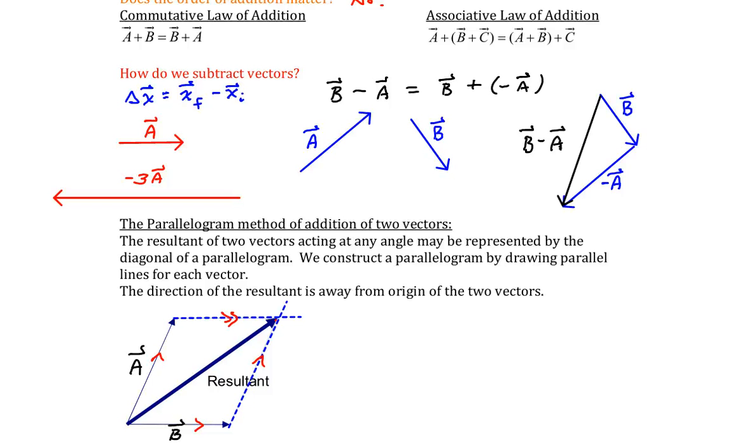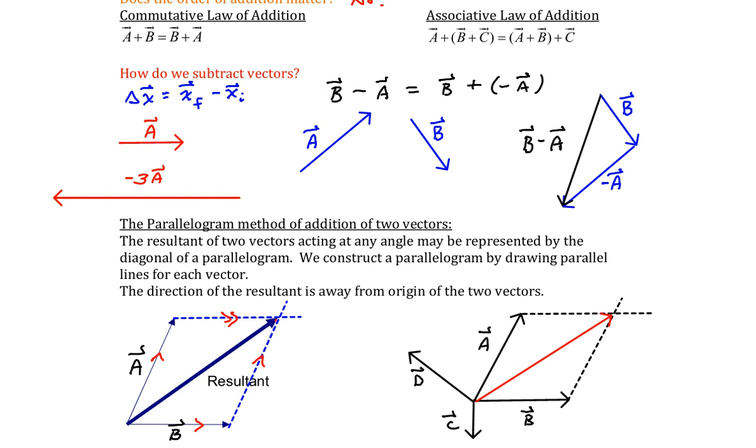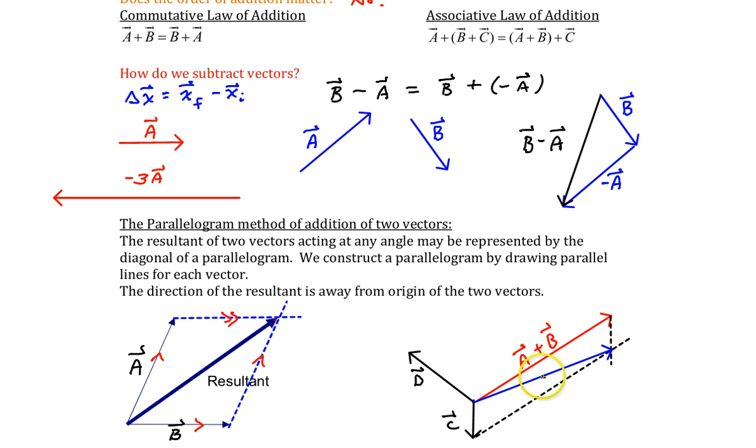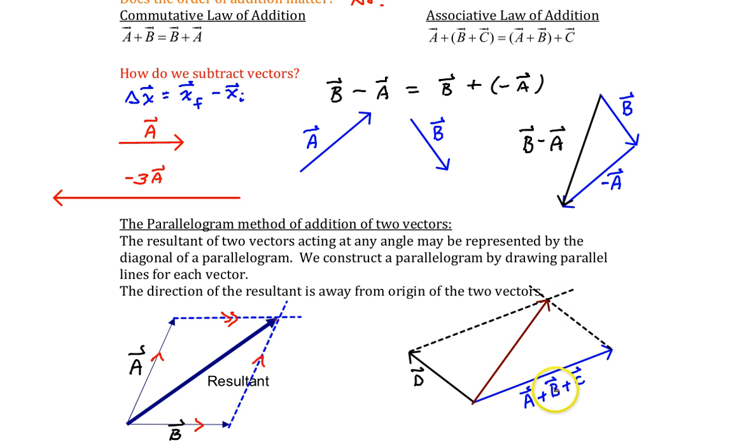However, if you have to add three or more vectors, like vector A plus B plus C plus D, then it's not so convenient because you would have to first find the resultant of A and B using the parallelogram method, which would be the sum of vectors A and B, then add this vector to, say, vector C, ending up with a vector sum of A plus B plus C, and then your final resultant of vector A plus B plus C plus D.